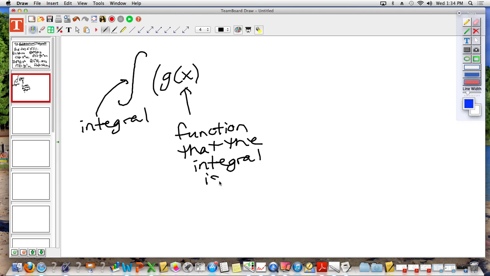That the integral is applied to. And you'll see a dx at the end too. And all that tells you, because it is a dx, is that the function was written in terms of x's.